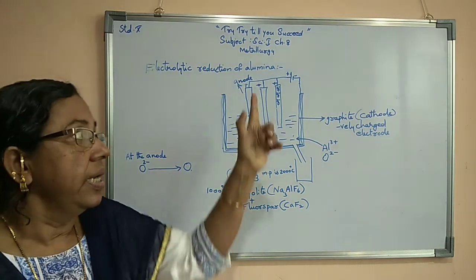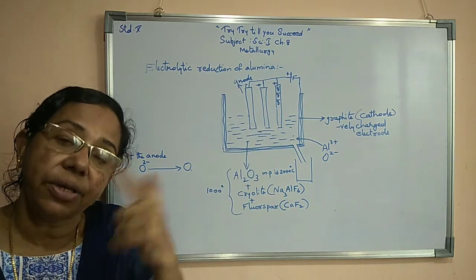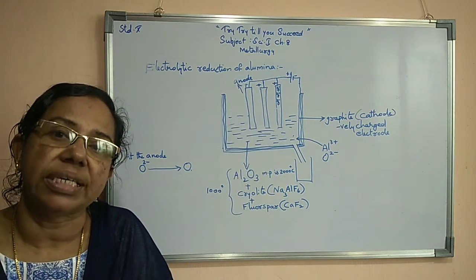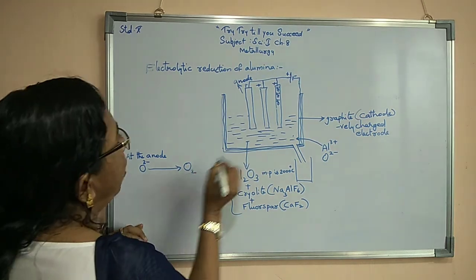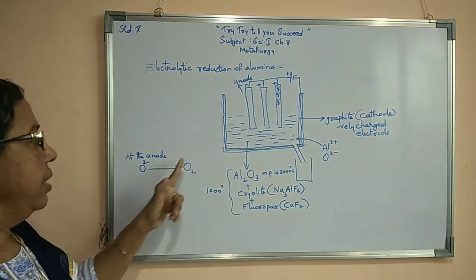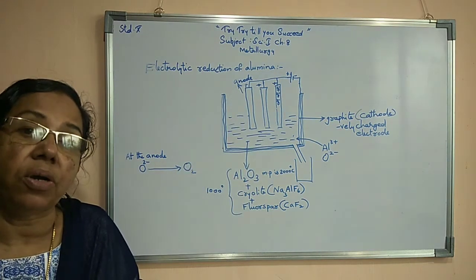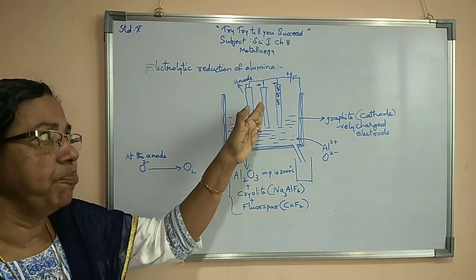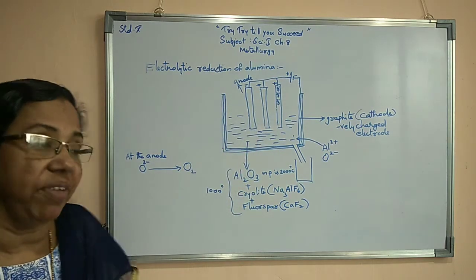So one oxide ion transforms to one oxygen atom, and that oxygen atom reacts with one more oxygen atom and becomes an oxygen molecule. So on this anode, it will remain in oxygen molecule form, not in oxygen atom form.